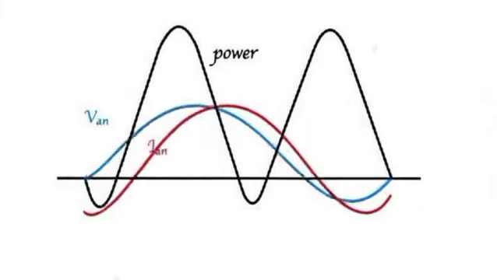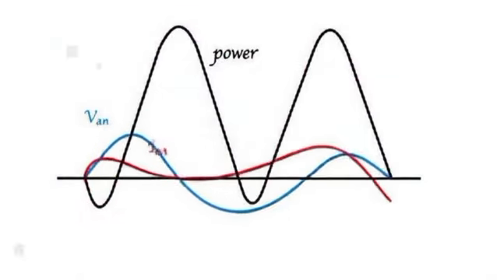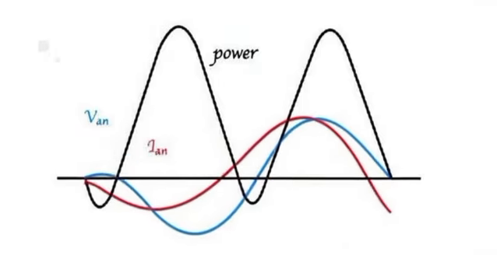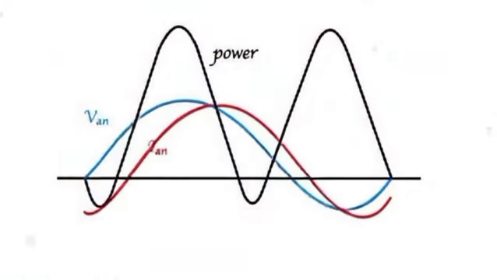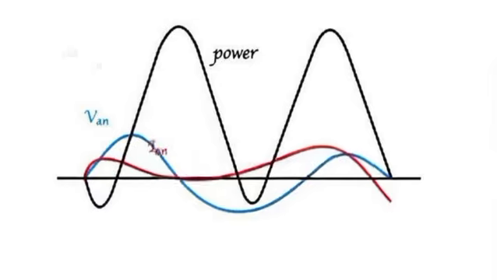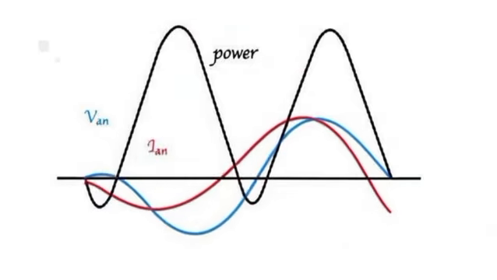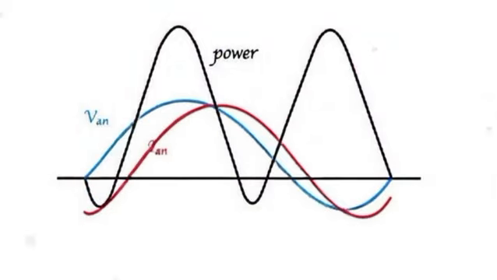This gives rise to the power factor generally said to be leading in nature. As it is known that the power factor is the ratio of true to the apparent power, and generally for sinusoidal waveform, power factor is the cosine function of the phase angle existing between voltage and current.